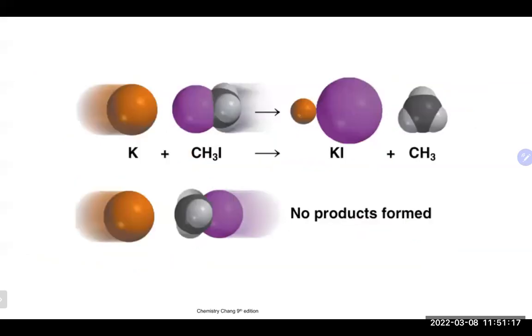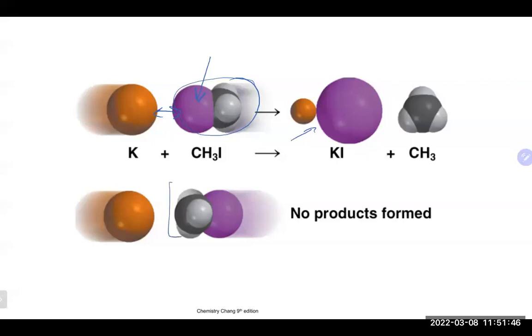Okay. As we talked about before, there is the idea of collision theory, in which molecules have to hit each other in order for a reaction to take place. But as we also talked about, they have to hit each other with the right amount of energy and in the right location. So when this molecule comes through and collides with our purple molecule here, that is the right orientation, which allows them to stick together, and we get products formed.